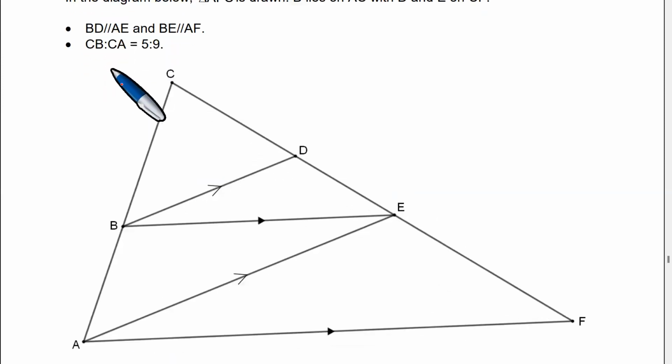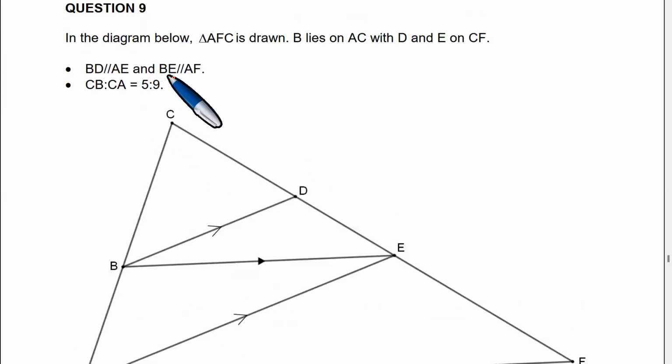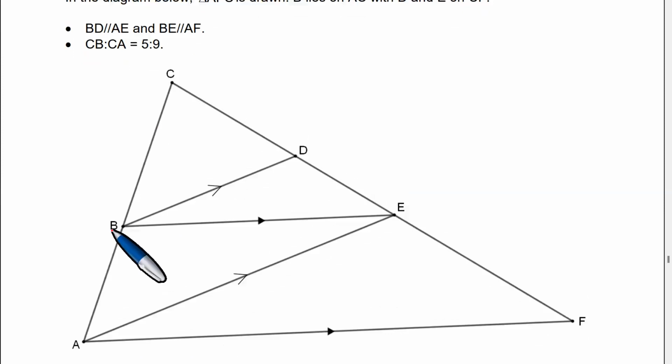Right, so BD is parallel to AE. The examiner has marked them that way. And BE is parallel to AF. The examiner has marked them that way, so we're good. But we have that the ratio of CB to CA is 5:9.